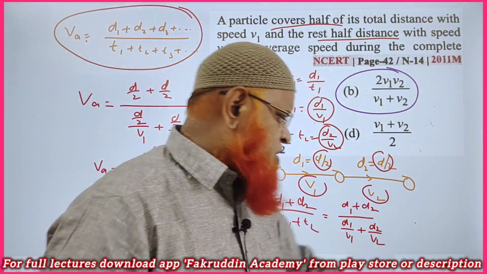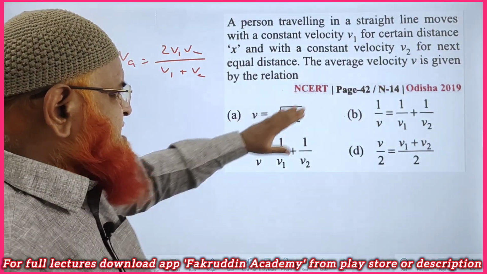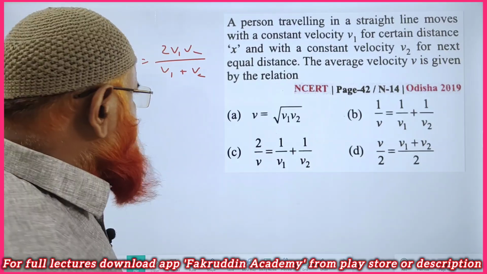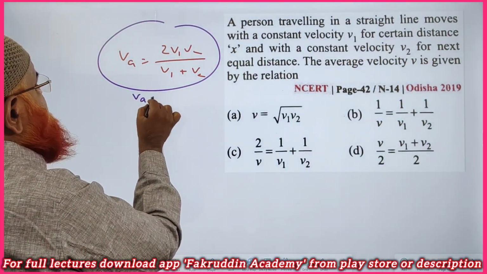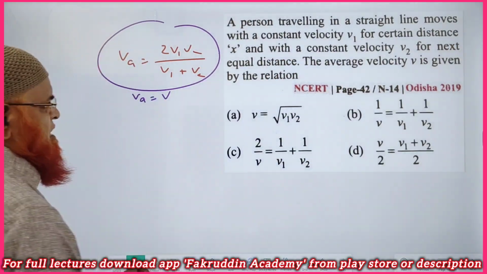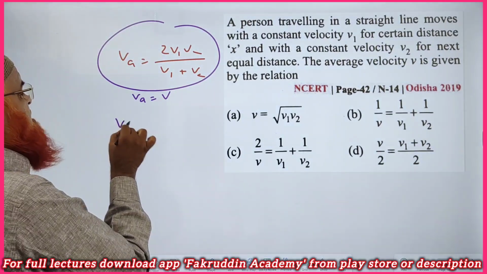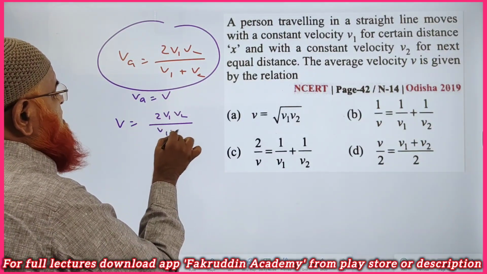Similarly, we can go for the next problem. Here it is the same problem, asking for average velocity, but the formula is represented in a different style. Here is the general formula we have derived just now. In this problem, VA is given as V. So we write V equals 2 V1 V2 by V1 plus V2.